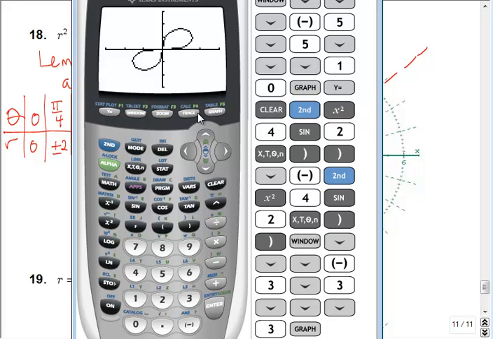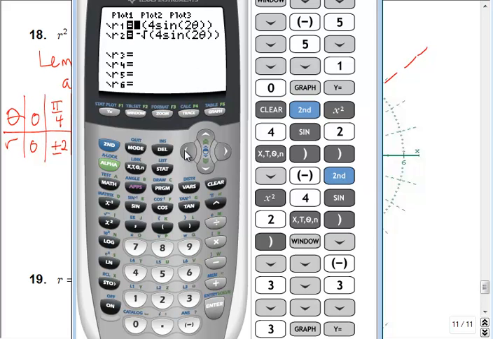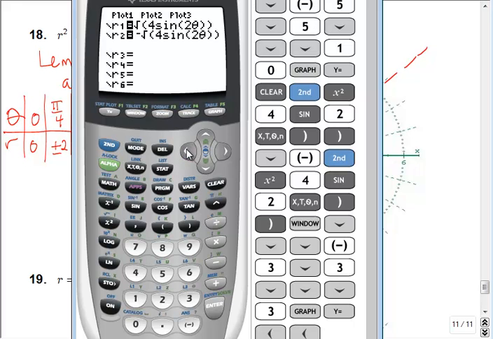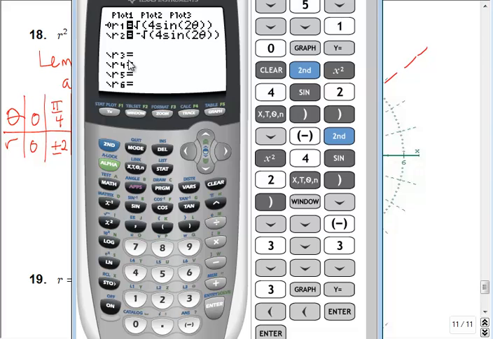Now what I want to show you, let's go back to our y equals. I want to show you how you can animate this so that you can see what path this graph takes as theta goes from 0 all the way to 2 pi. So what you have to do is arrow to the left. See those little slashes to the left side of our r equals? You want to adjust those, and the way that you adjust is you get your cursor over it so that it's flashing like that, and then you hit enter until you get to this little symbol right here.